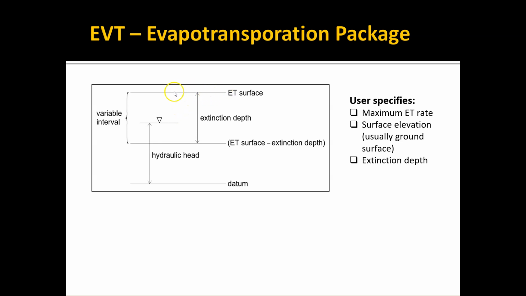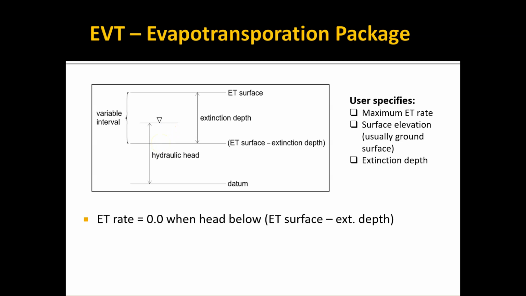And again, this ET surface is typically the ground surface. If you're at the ET surface, the evapotranspiration rate is at the maximum rate. Then as the head drops, it varies linearly all the way down to the extinction depth, and then it goes to 0.